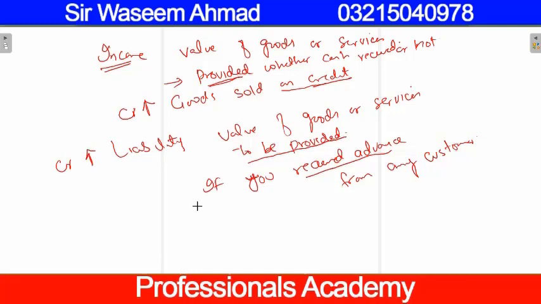And the fifth head is capital or equity. Simply it is owner's investment in business. So if you are clear with the definition, then it will be very easy for you to put certain transactions under different categories, whether it is an asset, whether it is a liability, is it an income, is it a capital.